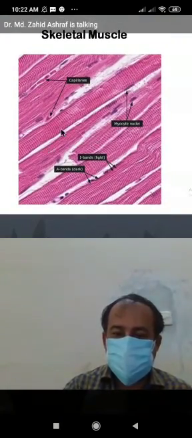They have no branching. This muscle fiber also contains peripherally located nuclei, and the nuclei are multiple in number in a single muscle cell. There is also the presence of darker area and lighter area.